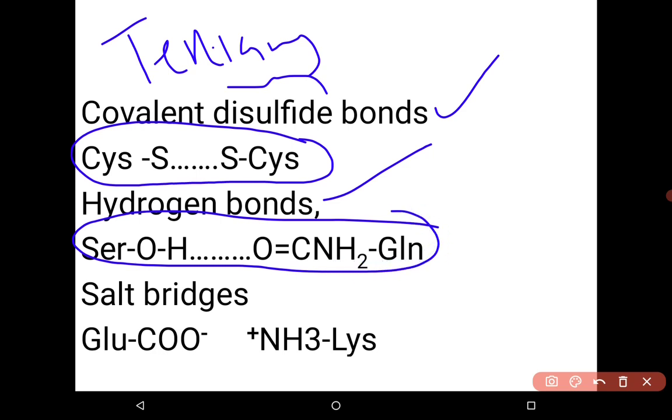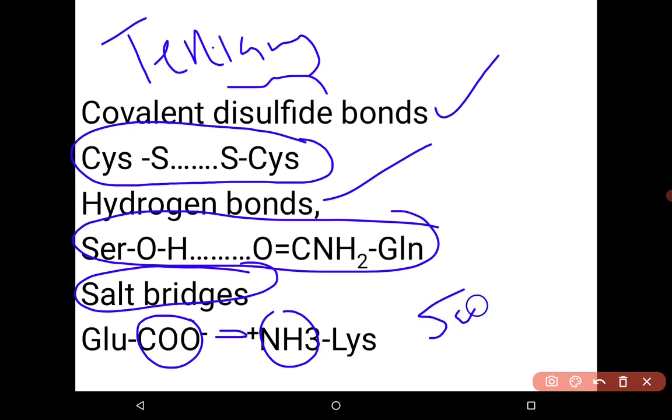You also have salt bridges, formed between an amino acid that has an acid group and one with an amide group. An acid and a base make up a salt. That's why they are called salt bridges, because this COO is acid, amide is base.